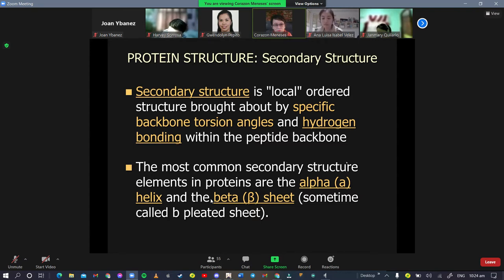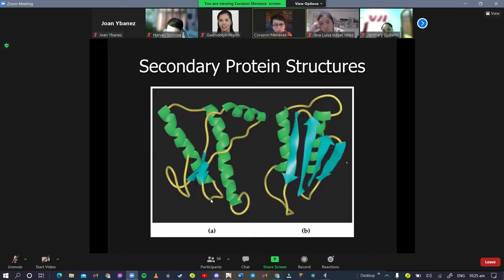Meaning to say, the carbon that is part of the peptide bond is the one that will stabilize it, 4 residues apart. And we mentioned that the most common is either alpha helix or beta sheet or beta pleated sheet, okay?